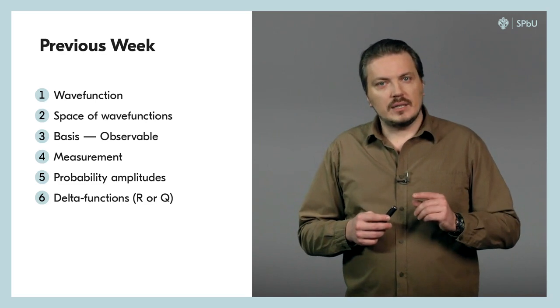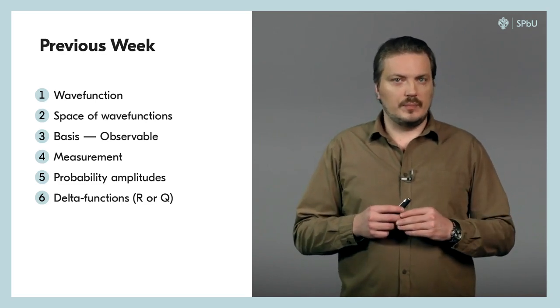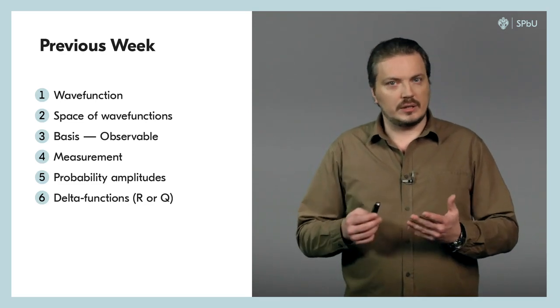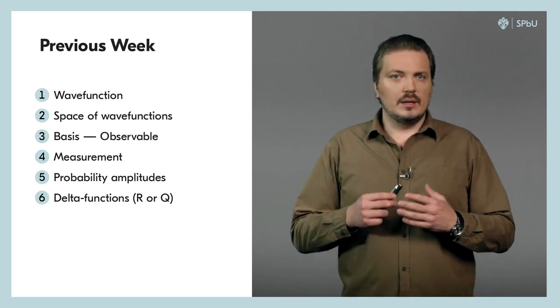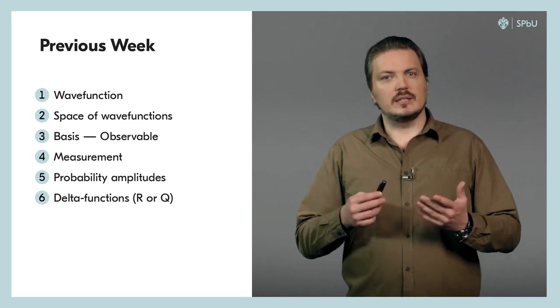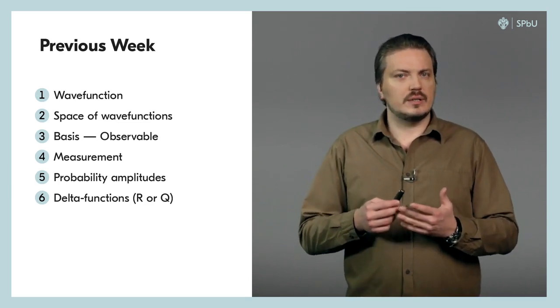We also discussed the particular observable, which is connected to the measurement of the position of a particle. The basis for this observable is continuous, and it consists of so-called Dirac's delta functions.